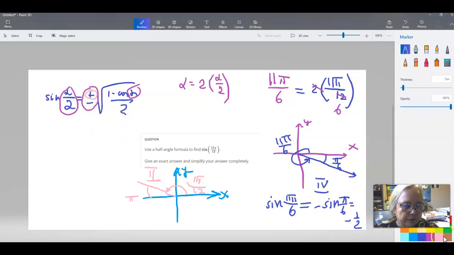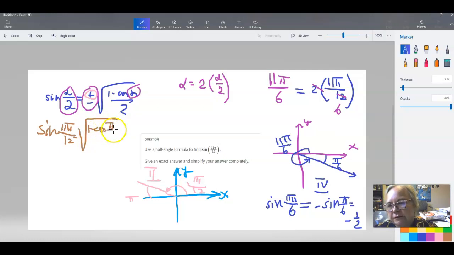So if we plug in now in this formula, we will have sine 11 pi over 12 equals positive square root of 1 minus cosine 11 pi over 6, because it's a half angle here and a double angle here, over 2.